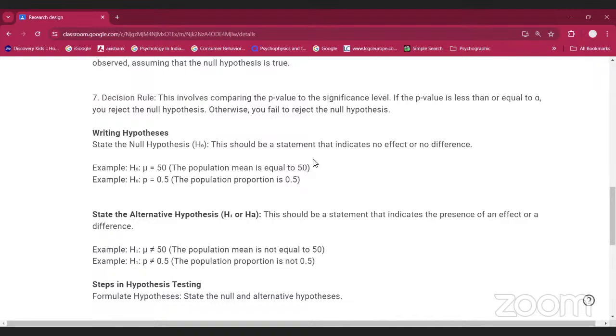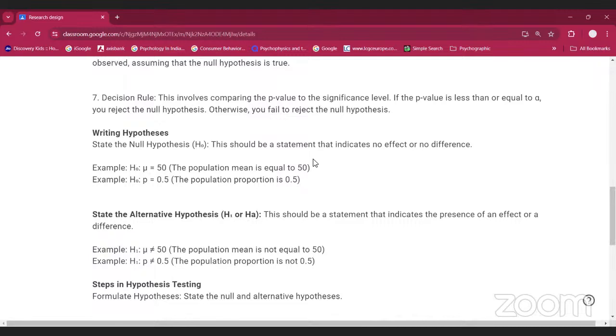State the alternative hypothesis, H1 or HA. This should be a statement that indicates the presence of an effect or a difference. Example, H1: mu is not equal to 50. The population mean is not equal to 50. Example, H1: p not equal to 0.5.